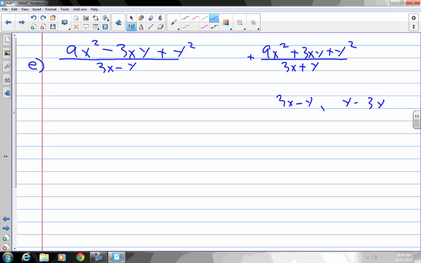So that means you change both signs. Here, they only differ by one sign. 3x has the same sign, y's have opposite signs. So when you see that, you cannot make them the same. They're different, so we need both of these. That's the message. So the LCD is 3x minus y and 3x plus y.